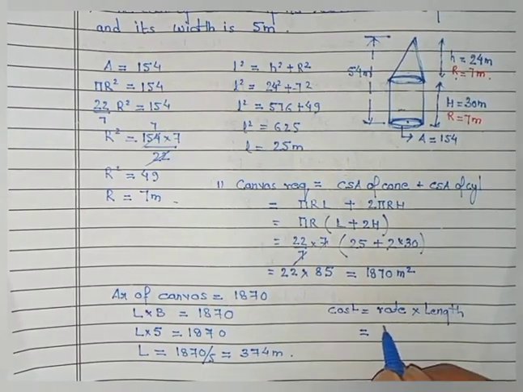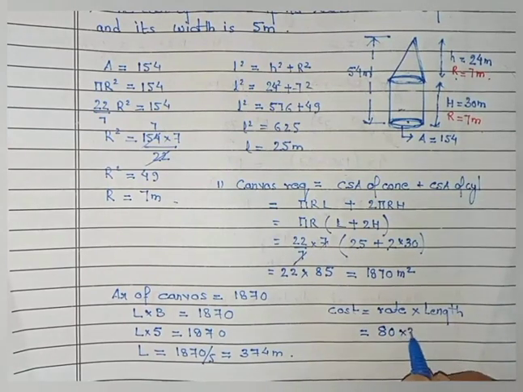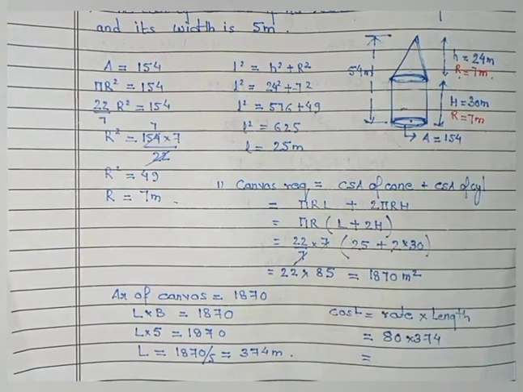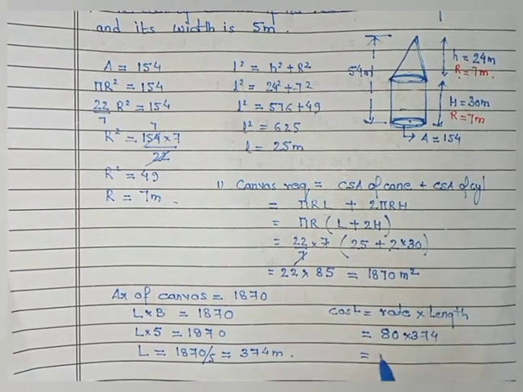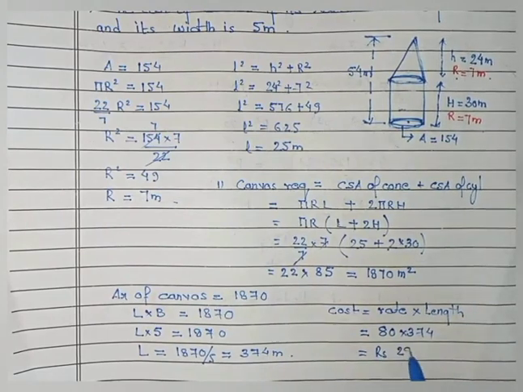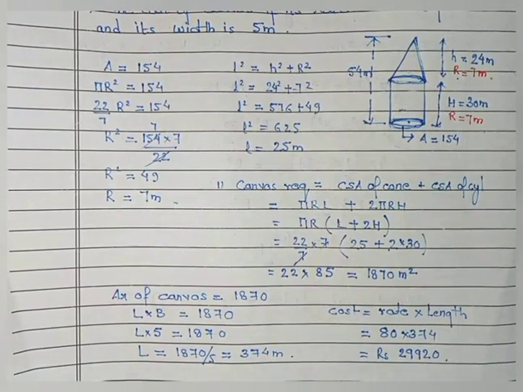Here the rate is 80 and the length you have got is 374. So this will give you rupees 29920. So this will be the cost of canvas. Hope this is clear to you now.